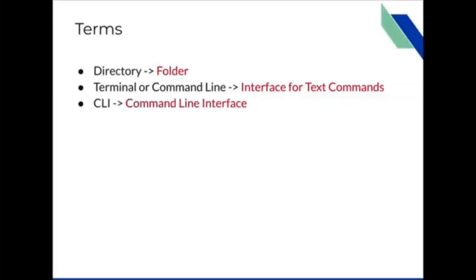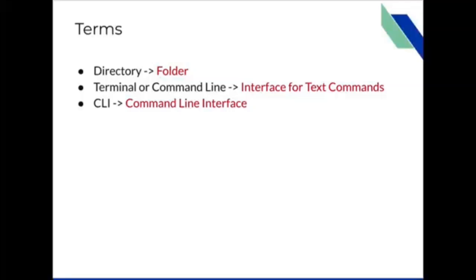You might also hear me use the term CLI, which is just the command line interface. Many programs that you install as a programmer will require you to interact with them via text commands in the command line. So you will be typing out some text and hitting enter instead of, say, double-clicking on a folder icon on your desktop. Just think of it as another way to run a program.